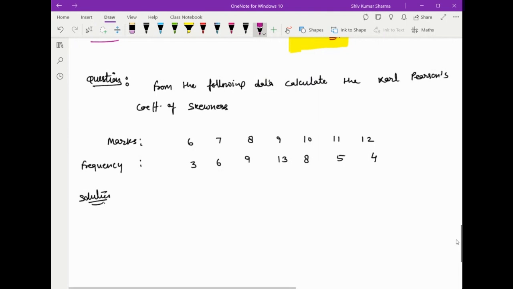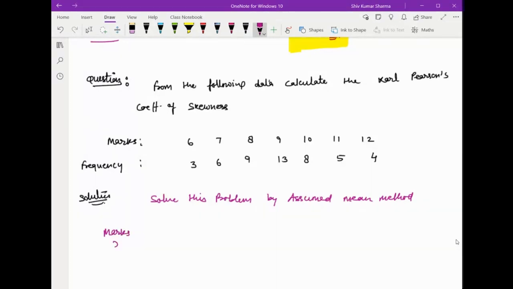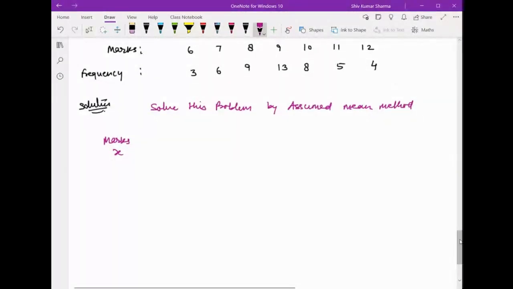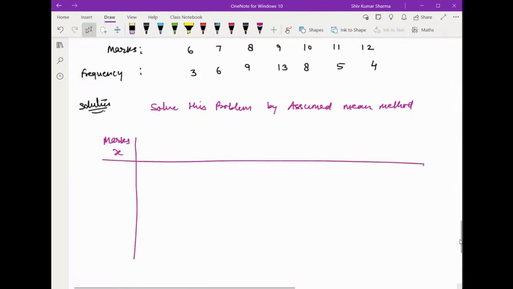In the first column we write marks, taken as x: 6, 7, 8, 9, 10, 11 and 12.